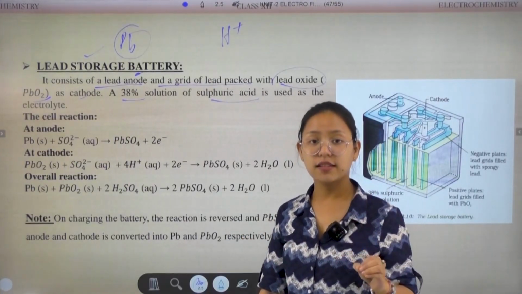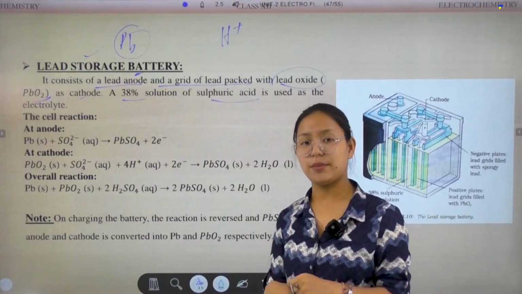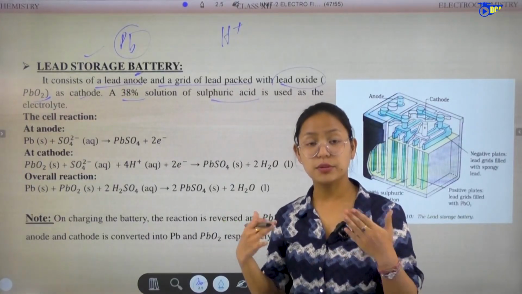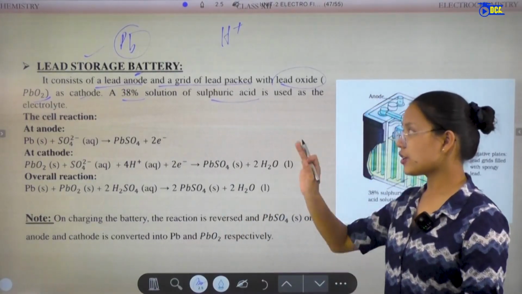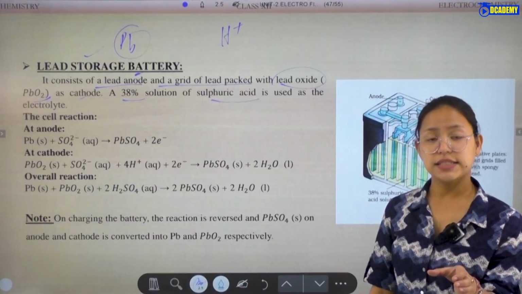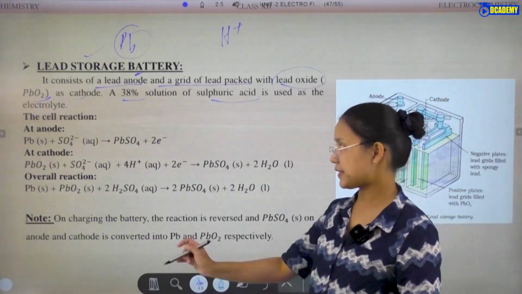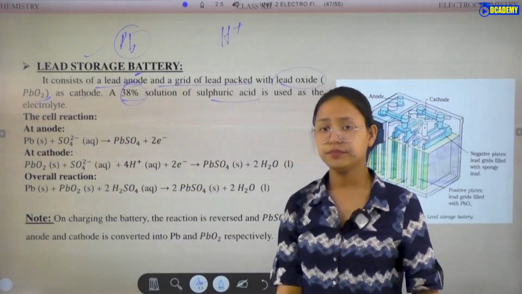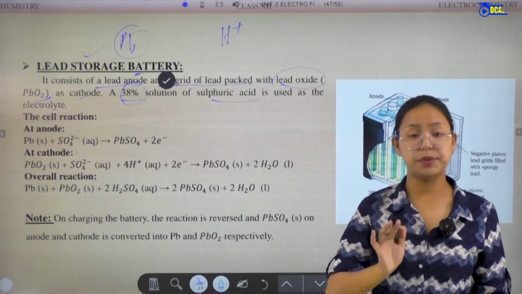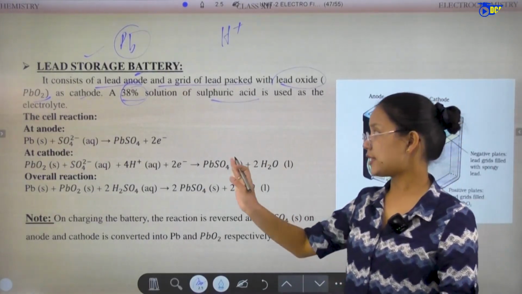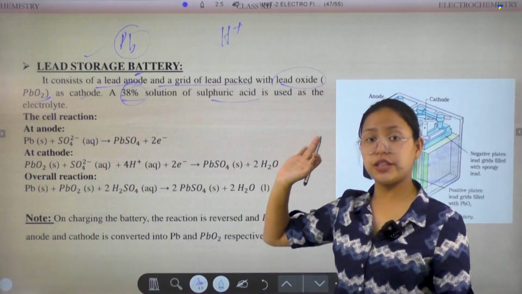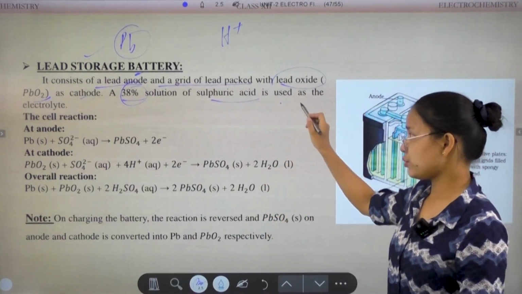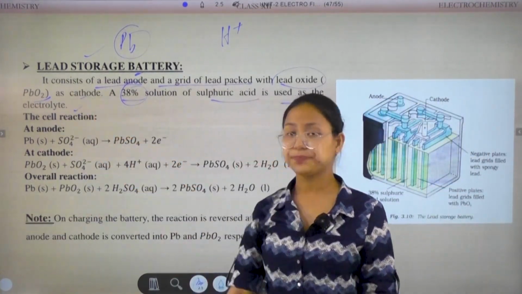Here the dilute sulfuric acid percentage is a 38% solution. A 38% solution of sulfuric acid is used as the electrolyte.